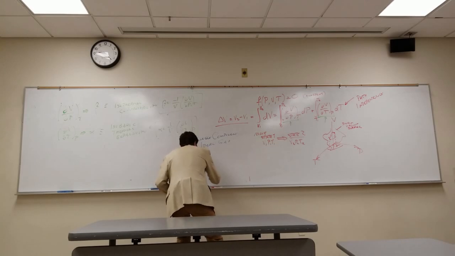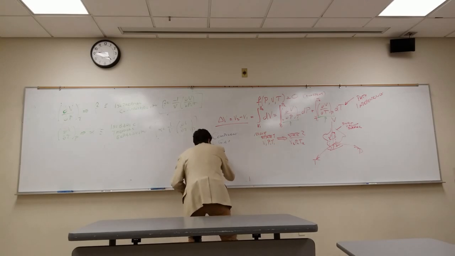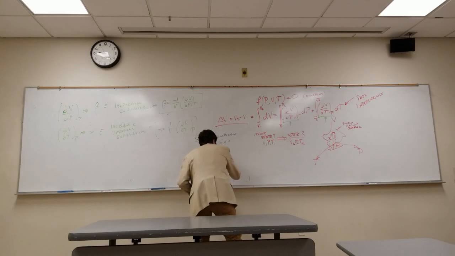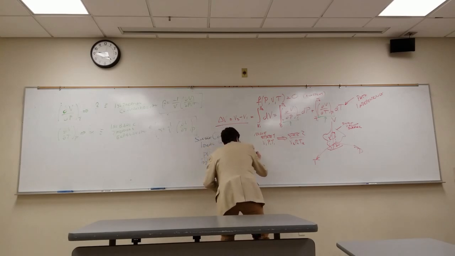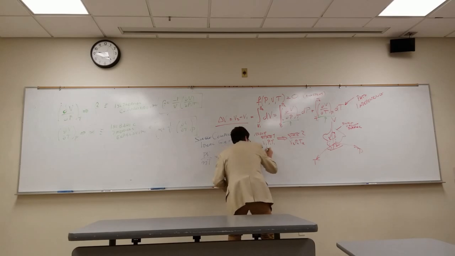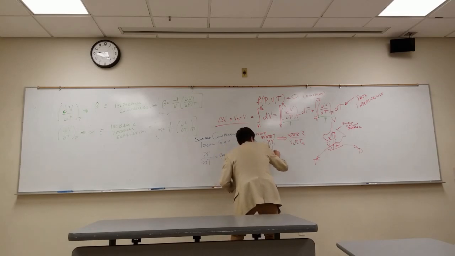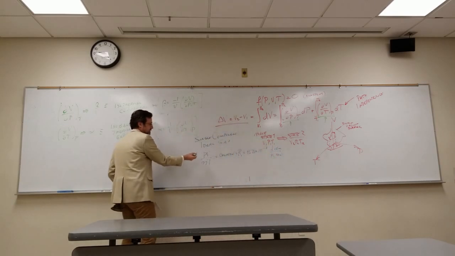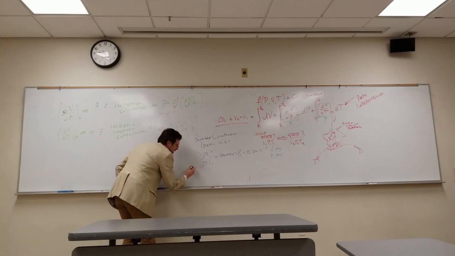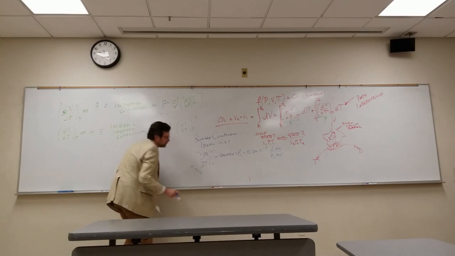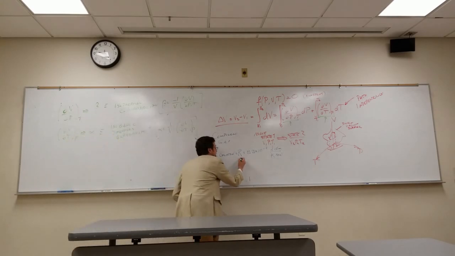PV over NT is equal to a constant, R, which is equal to 8.21 times 10 to the minus 2 liter atmosphere per Kelvin mole. So P is pressure, V is volume, T is temperature, and N is the number of moles. And this is our gas constant.